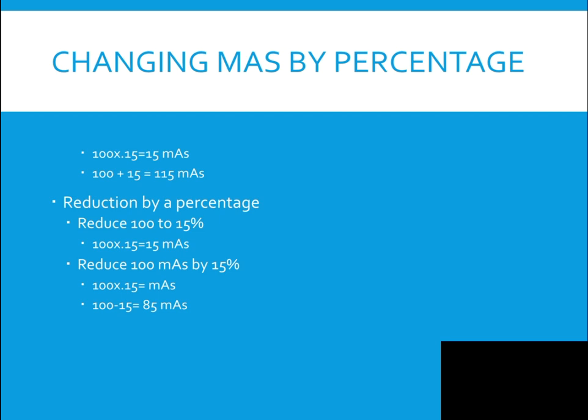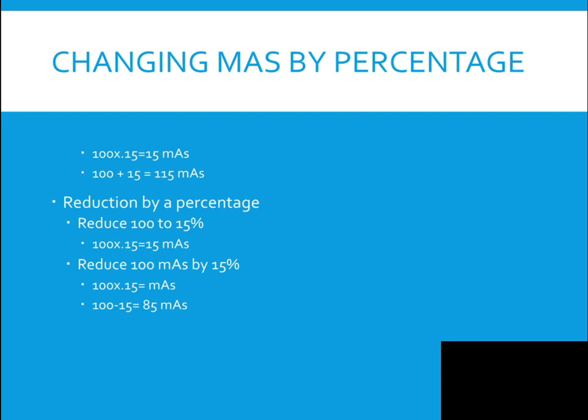Understand, some of your calculators are going to require you to hit the equals sign after you hit the percentage sign, and some of your calculators are not. Some of your calculators, if you hit the equal sign after that percentage sign, are basically going to give you a double reduction.